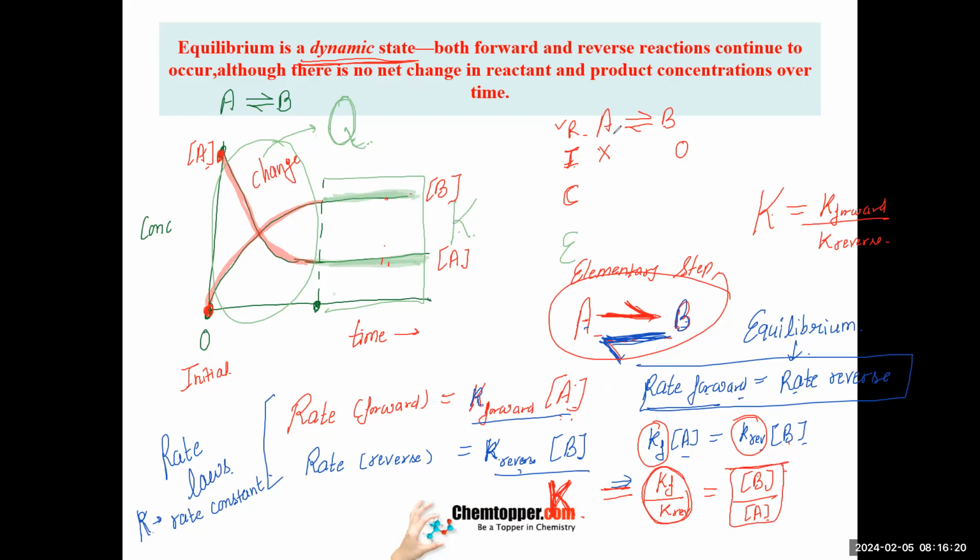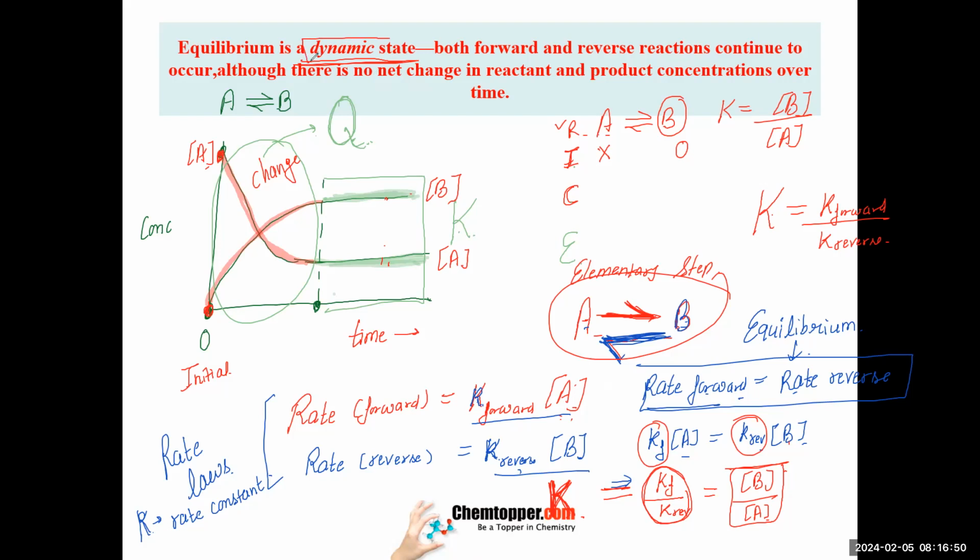For this reaction, A to B, my equilibrium constant is the concentration of B over the concentration of its reactant A. Are you understanding this? So equilibriums are dynamic.